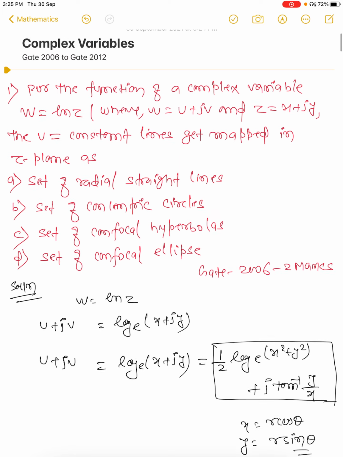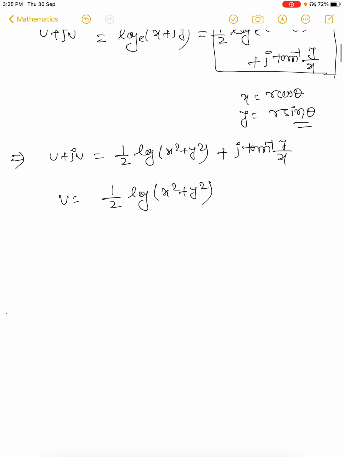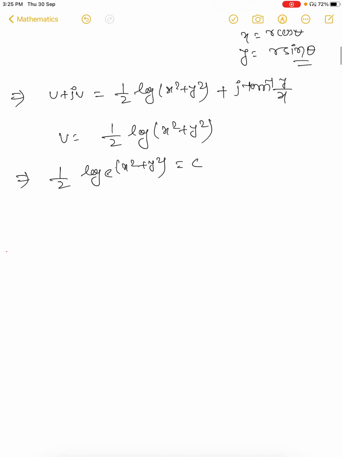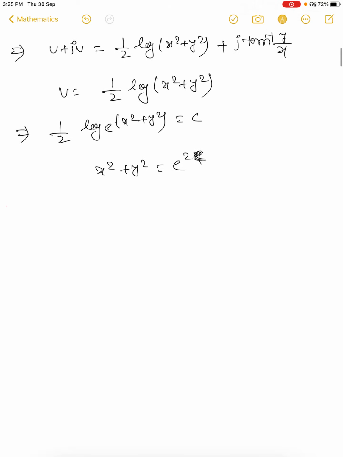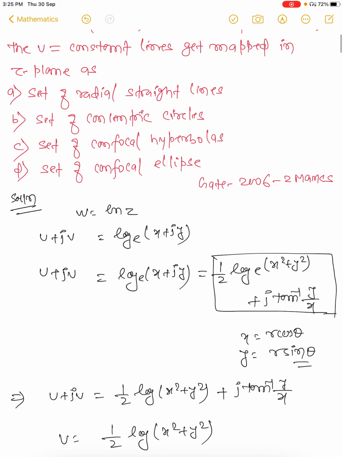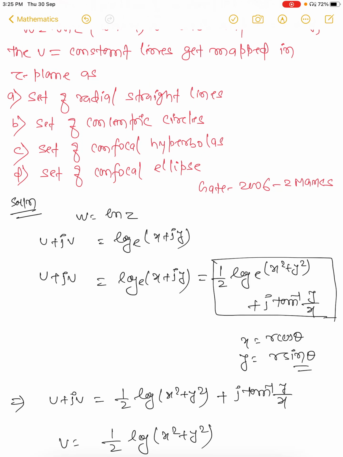Okay, and here u is a constant line. So half log(x² + y²) = c. After simplification, x² + y² = e^(2c). Okay, so it is nothing but the equation of a circle having the same center. The center is (0, 0). So option B will be the right answer, concentric circles.